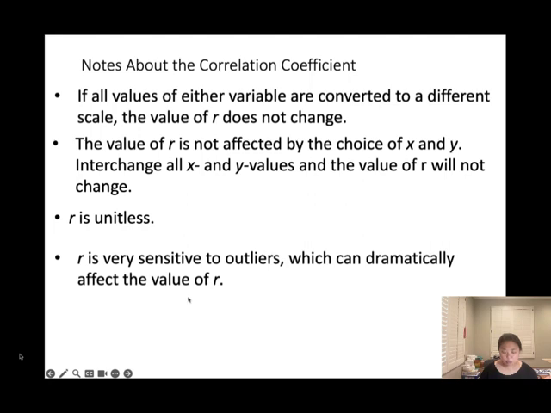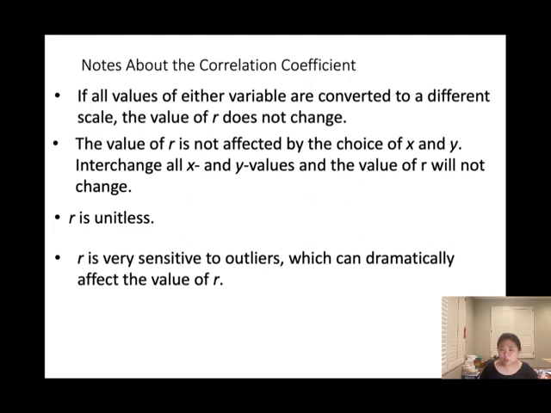For this part, you may want to be careful. So every time when we do an example, like the previous one, before finding the R and drawing the conclusion, you want to construct the scatter plot first. Make sure if there's an outlier.